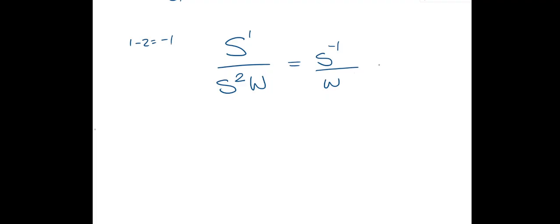So we could rewrite that several ways. We could write that as 1 over sW. Remember, when something comes from the numerator into the denominator, it changes signs. Or we could also rewrite that as s to the minus 1 W to the minus 1, and that's the form that you'll see quite a lot in physics.